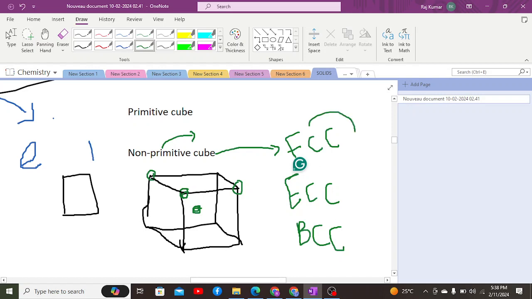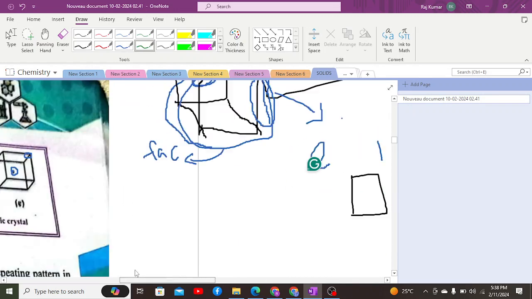Face-centered cube, atoms located at faces; edge-centered cube, located at edges; body-centered cube, located at the center of the body. So these are the classification of primitive and non-primitive cube.